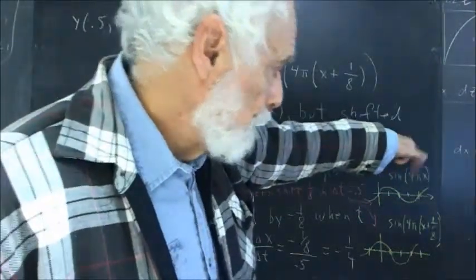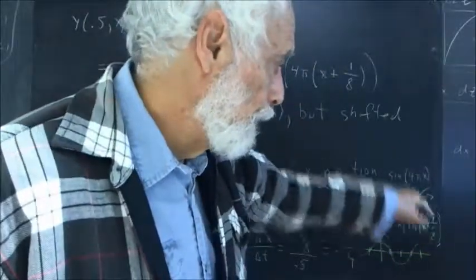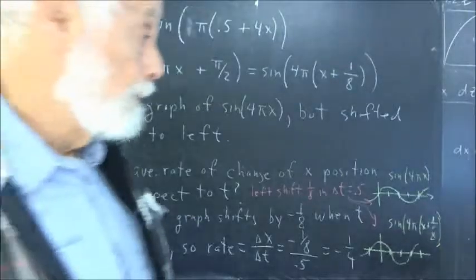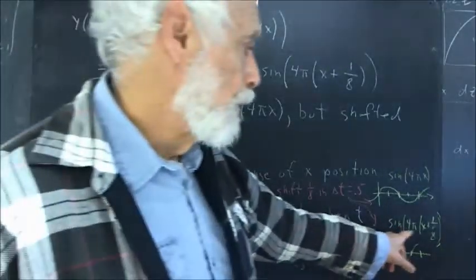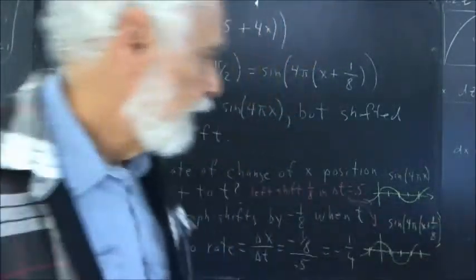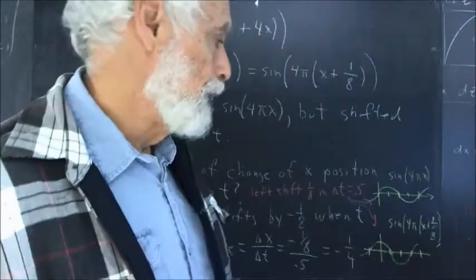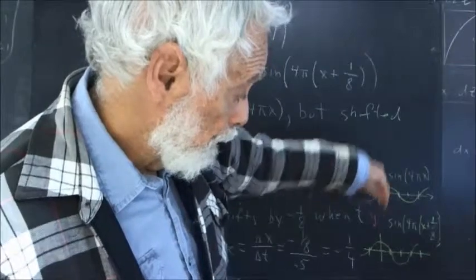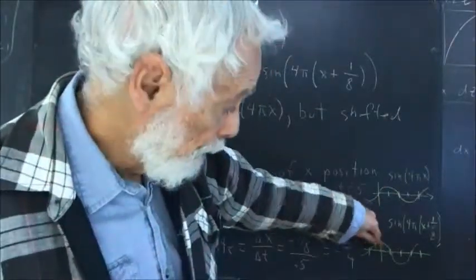I've sketched two graphs, a graph of sine of 4 pi x, just as before. I haven't labeled the axis, but these are intervals of 1/8 of a unit, as we saw before. And then the graph of sine of 4 pi times x plus 1/8, which is shifted to the left 1/8 of a unit, so that instead of starting the cycle here, we start here at x equals -1/8.